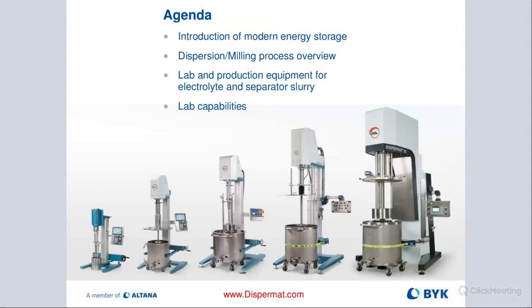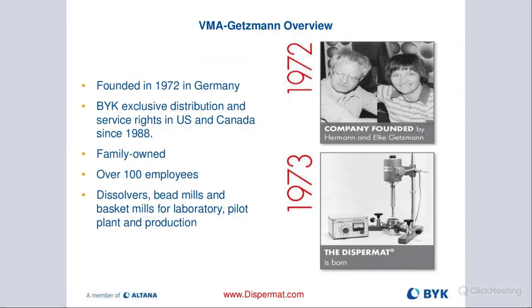And you can see right there on the introduction slide, the VMA-Getzmann product line for dispersing these types of material covers everything from basically small laboratory scale dissolvers and milling systems all the way up to pilot and manufacturing. So we really cover the entire range, and we'll talk in more detail when we cover the different types of equipment that are being used for this process.